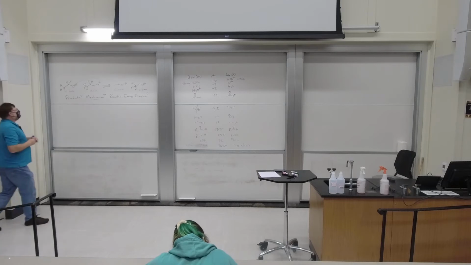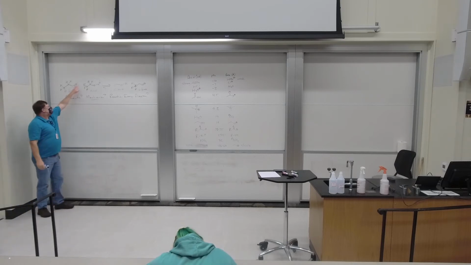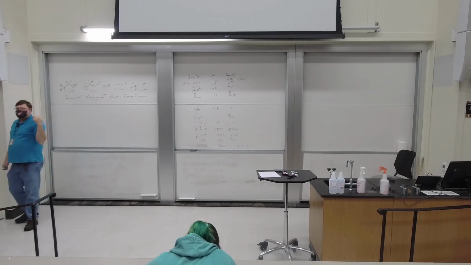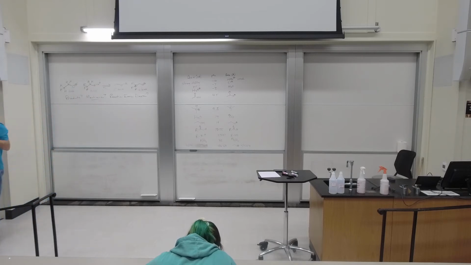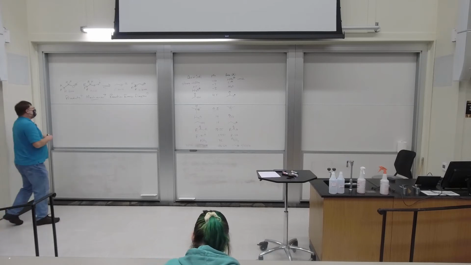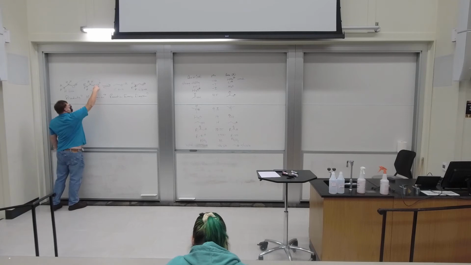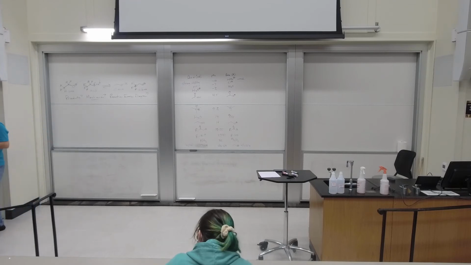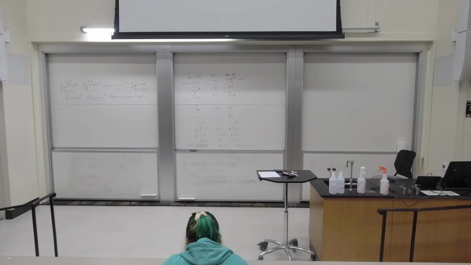Now, that can't be the whole mechanism, because this arrow says this O makes a bond to that H. If that's the only arrow you put in there, that H has 2 bonds, and H can't have 2 bonds. So you need another arrow that says, H is going to give up the electrons it shares with this oxygen. So you have a lone pair on the basic atom that becomes a bonding pair to the H. Then you have a bonding OH pair that becomes a lone pair on an O.